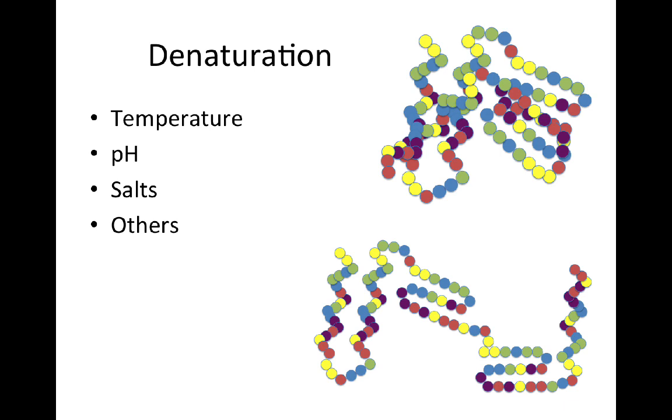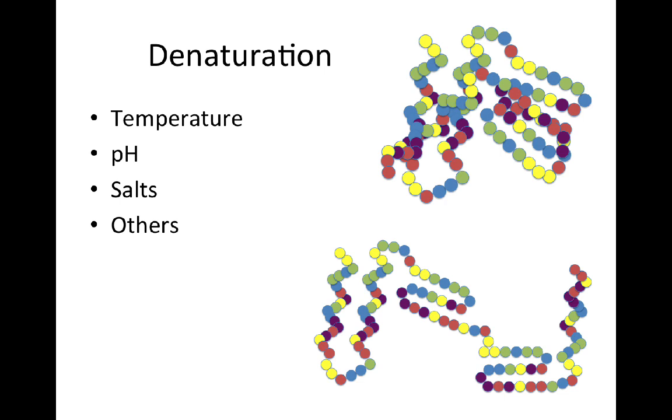And so when the protein unfolds, it loses its function and can no longer function properly. Sometimes when you remove the denaturation agent, so if you turn the temperature back to normal or you return the pH to normal, the protein might refold to its state, but this is somewhat uncommon.